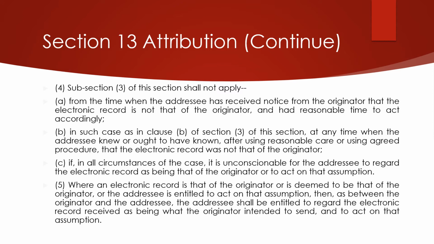So, between the originator and the addressee, the addressee shall be entitled to regard the electronic record received as being what the originator intended to send and act on that presumption, where an electronic record is that of the originator or is deemed to be that of the originator.